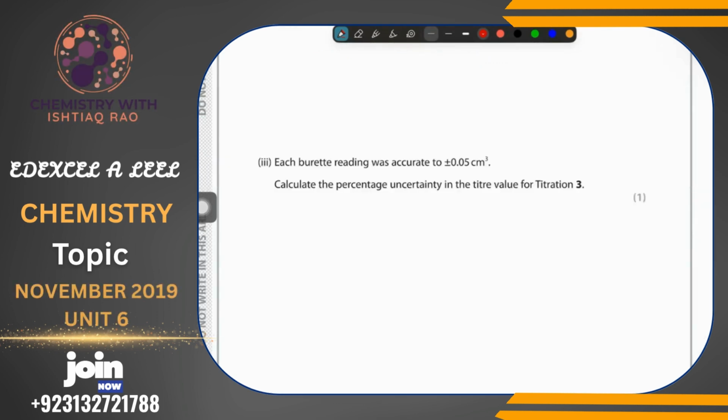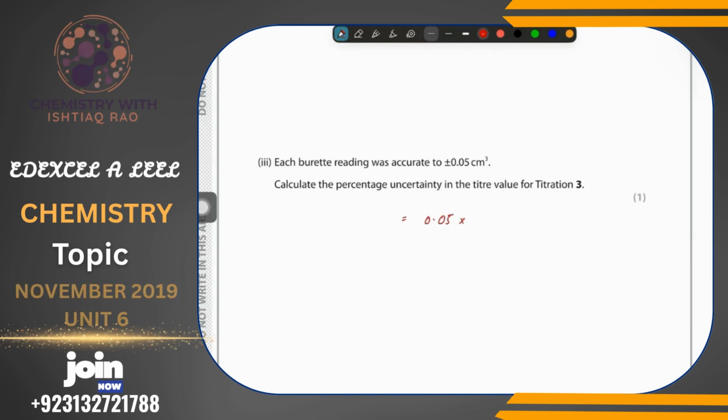Each burette reading was accurate to 0.05. Calculate the percentage uncertainty in the titer value for titration 3. Wait, the titer value.